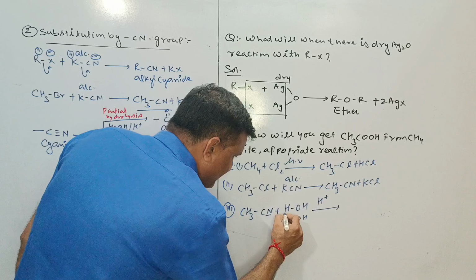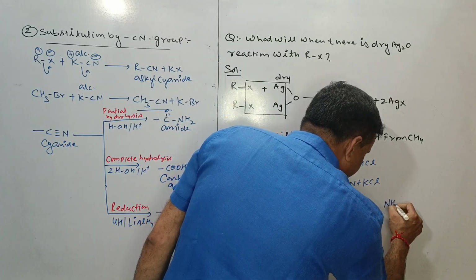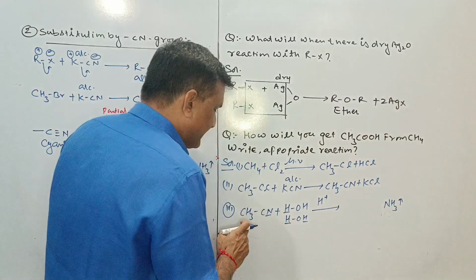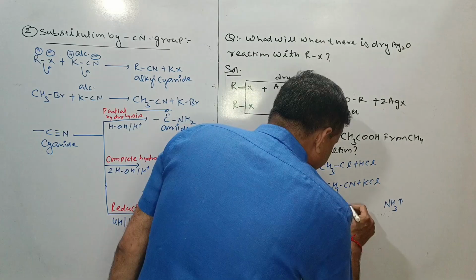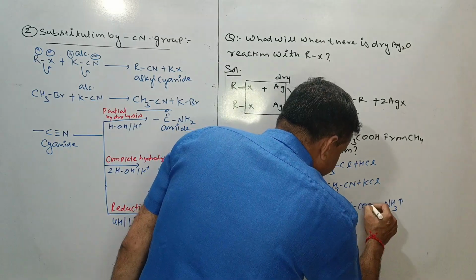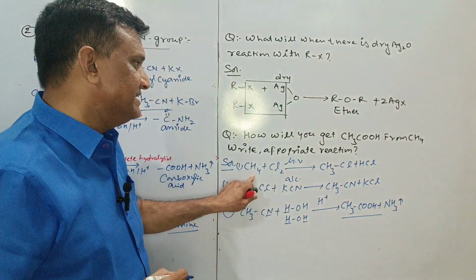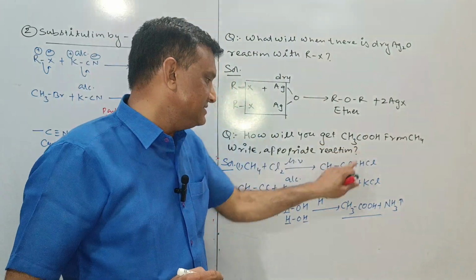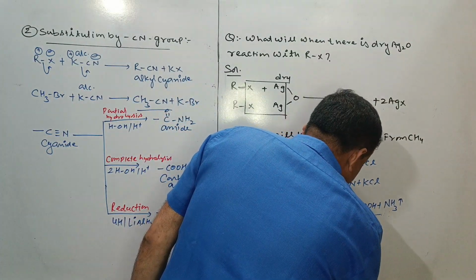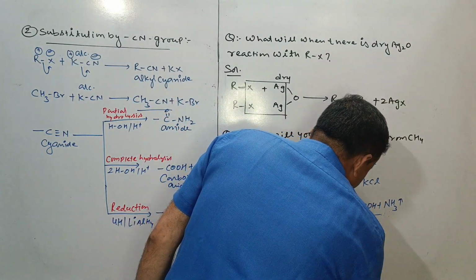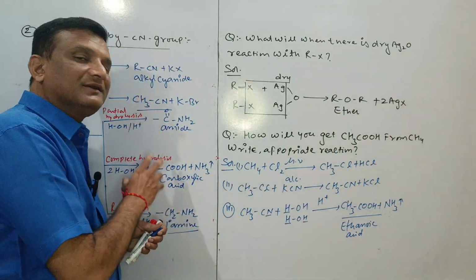Here is CH3COO and one H, so there will be formation of CH3COOH, ethanoic acid. So this was CH4 and this is CH3COOH, and you have to write the name also, ethanoic acid. So this was about the question regarding the reaction.